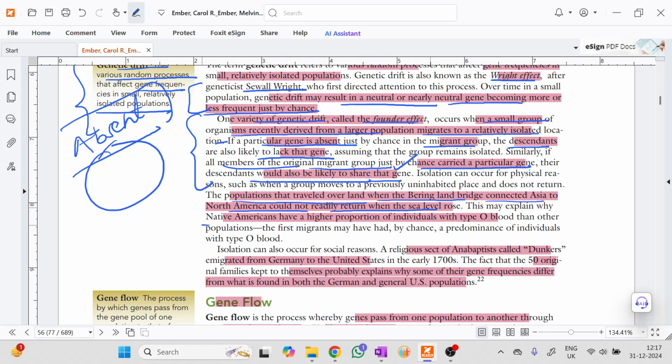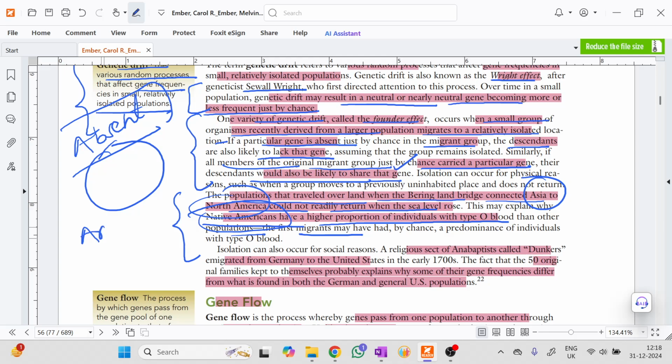This is about the Native American population, which has a higher proportion of individuals with type O blood than any other population. This was the first population of migrants that connected Asia to North America. The Native Americans, known as American Indians or Amerindians, have a genetic and phenotypic composition different from the other white population.